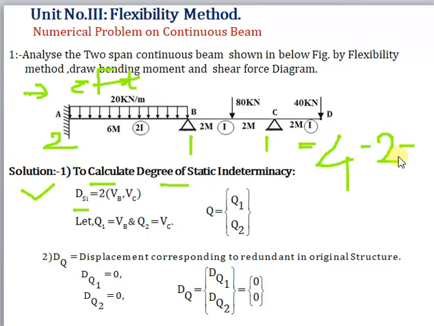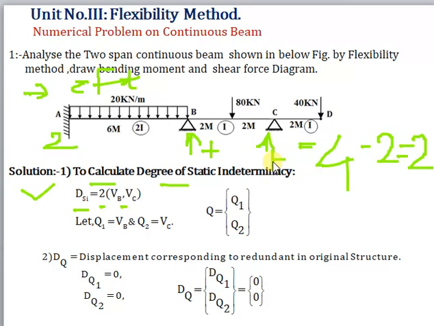Therefore our unknowns are 2 in number, so the degree of static indeterminacy is equal to 2. They are VB, the vertical reaction at B, and the vertical reaction at C. These are the two unknowns. Let's consider them acting upward, with their sign as positive.